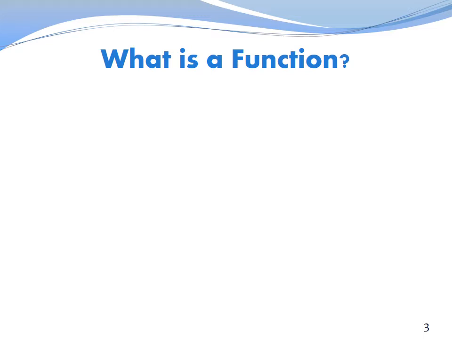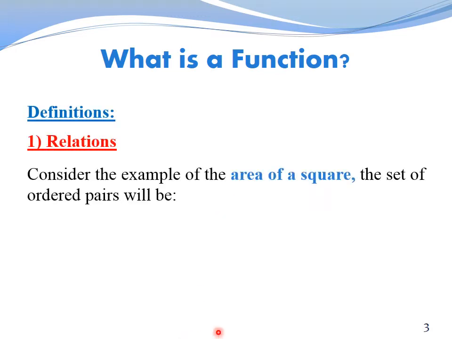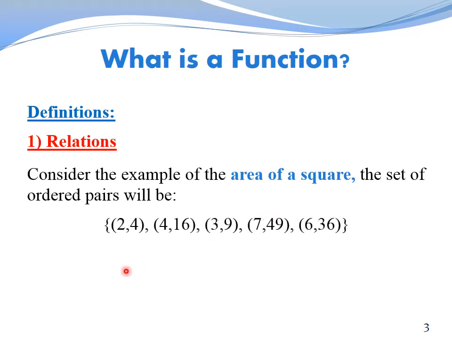In order to understand what a relation is, let's take this example. Assume we have a relation in terms of the area of the square given by these ordered pairs, in which, as we said, the first element is the input of the relation, and the second element is the output of the relation.